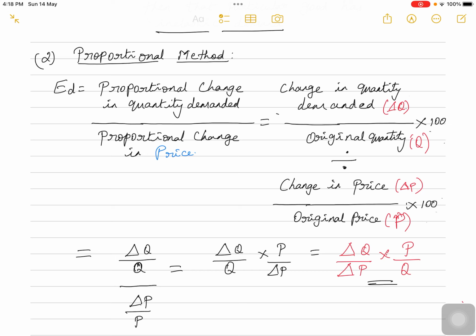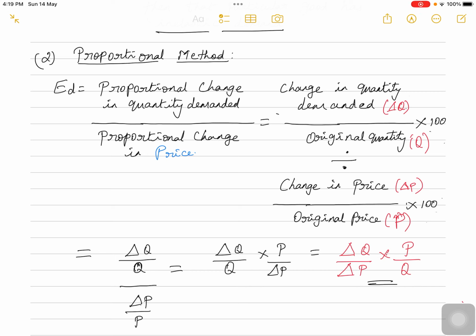The formula is ED, again representing elasticity of demand, equals proportional change in quantity demanded divided by proportional change in price. How do you calculate the proportional change in quantity demanded? That is equal to change in quantity demanded, delta Q, divided by original quantity Q, multiplied by 100.